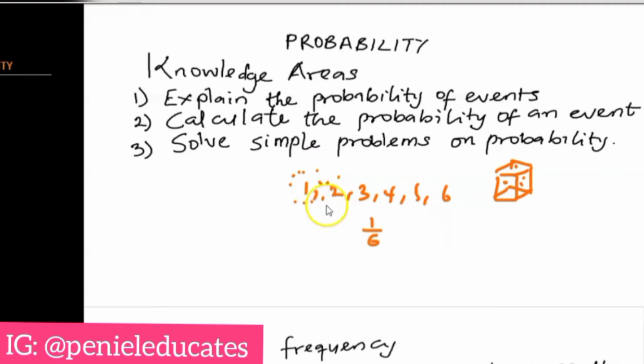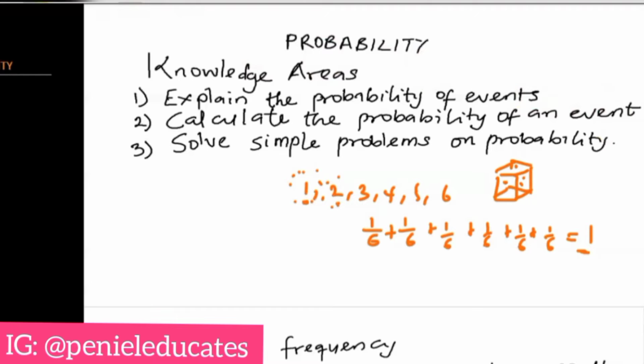The probability that we get a 2 is also 1/6. If you add all the 1/6 together, for 1, 2, 3, 4, 5, and 6, this will also give you 1. So once you sum it up, it's going to give you a 1.